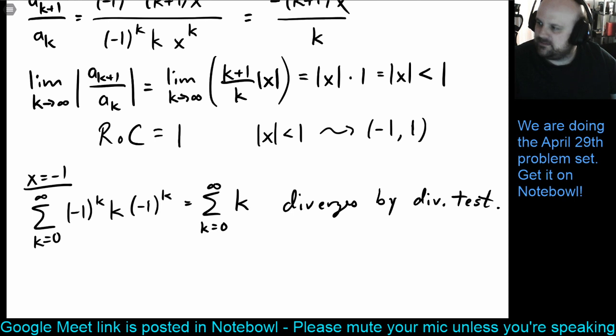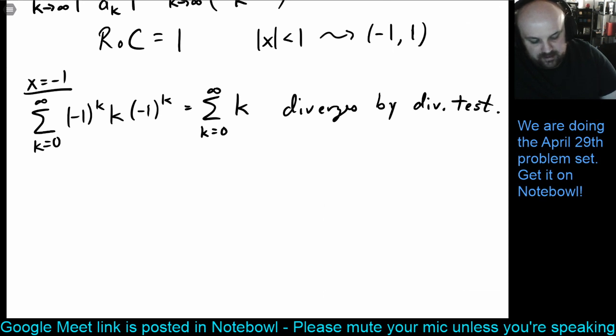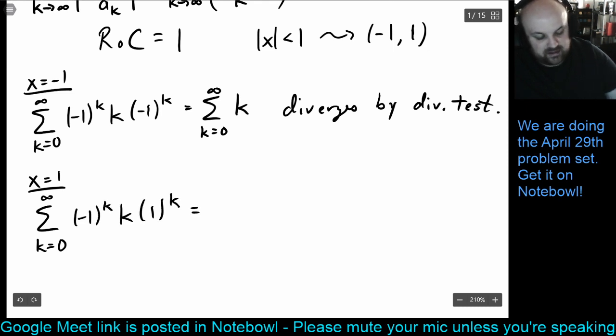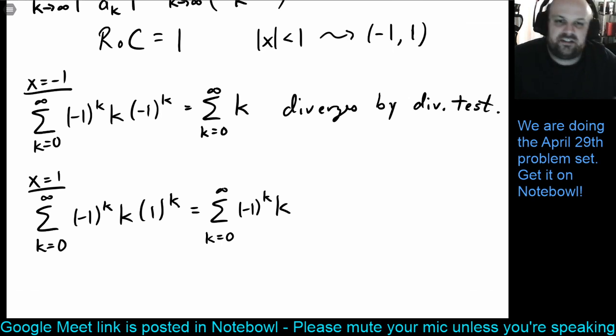All right, excellent. Now let's check at the other end. x equals 1. We're looking at the sum from 0 to infinity of (-1)^k times k times 1^k. And this simplifies to just the sum from 0 to infinity of (-1)^k times k. So this series will give us 0, minus 1, and then plus 2, and then minus 3, and then plus 4, and minus 5.